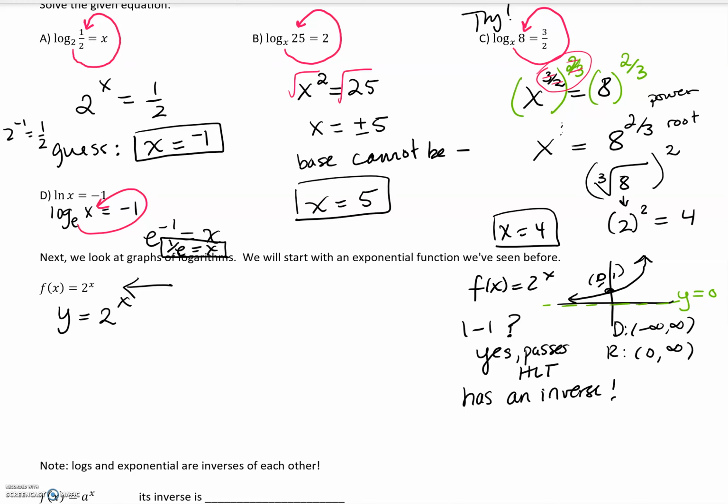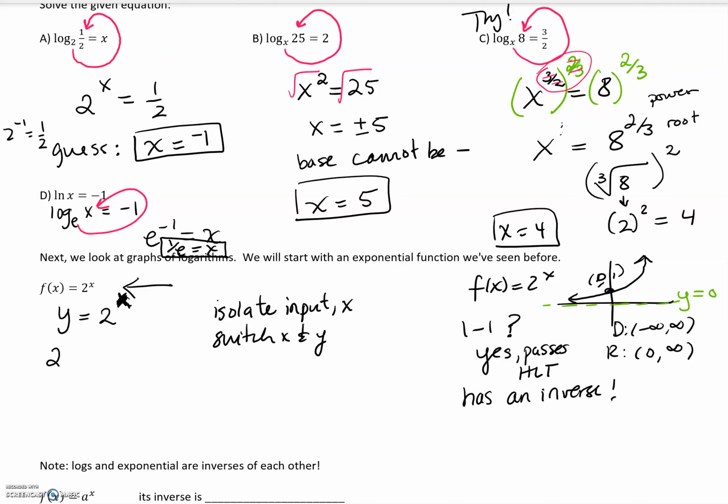And then from the inverse section, we said you would isolate the input or the x and then switch your x and y. So if I do that, if I try to isolate the x here, it's an exponent. If I'm needing access to the exponent, I must be using logarithms.